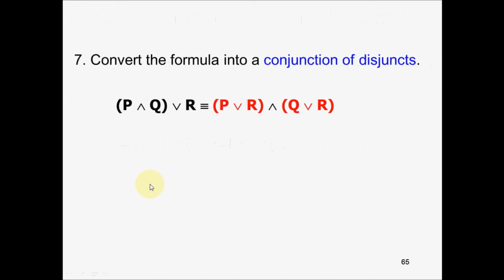Next step, after executing steps 1, 2, 3, 4, 5, 6, we have to apply the formulas. We have already seen some 18 formulas in propositions. So you have to apply whichever formula is applicable so that the given sub expression is converted into a conjunction of disjunctions, into clausal form.